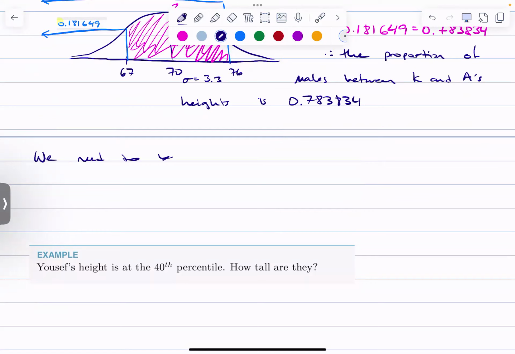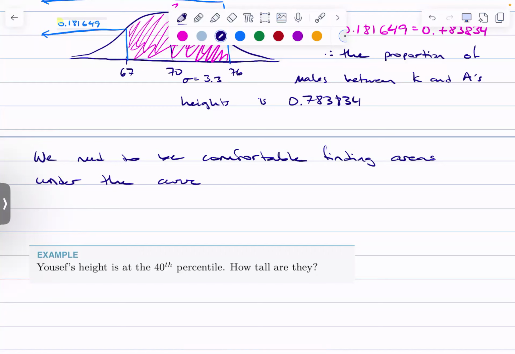We need to be comfortable finding areas under the curve since they will be our p-values. We've already seen p-values.